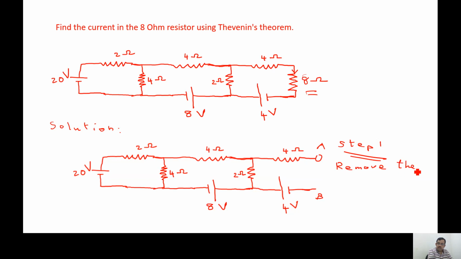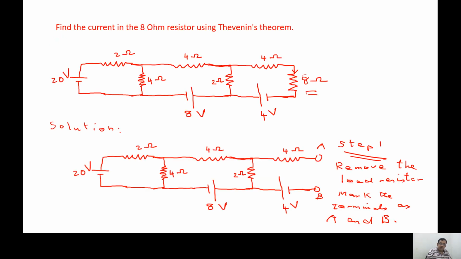Remove the load resistor and mark the terminals as A and B. That is what is shown here. So I have removed the load resistor and marked the terminals.